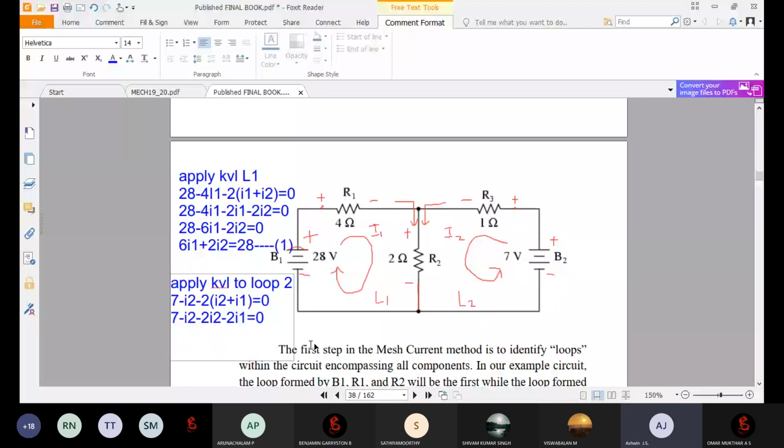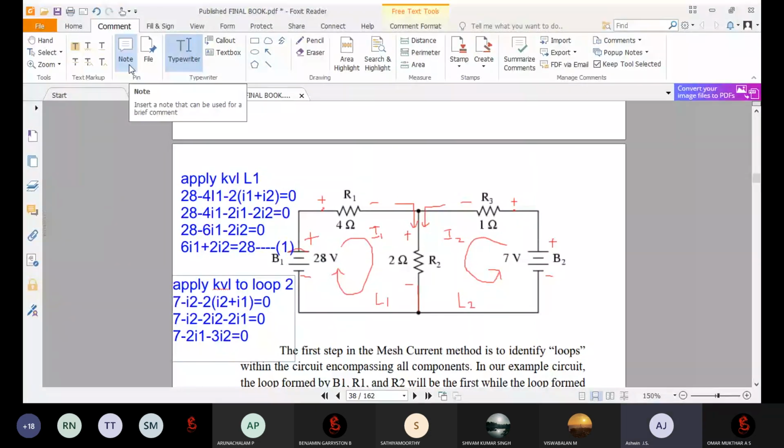There are 2 I2 terms, so 7 minus 3 I2. Otherwise, I will write the I1 first. So minus 2 I1 minus 3 I2 plus 7 is equal to 0, right?